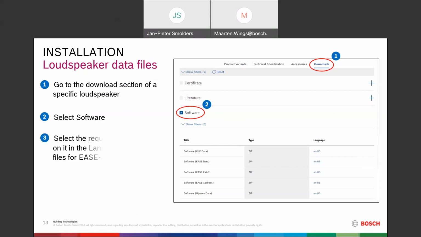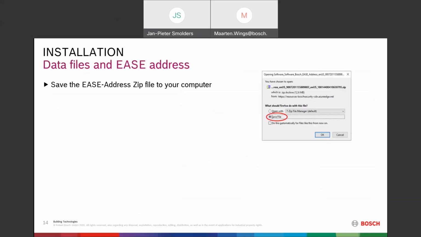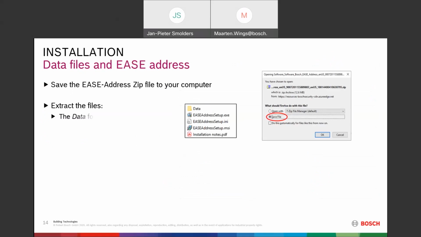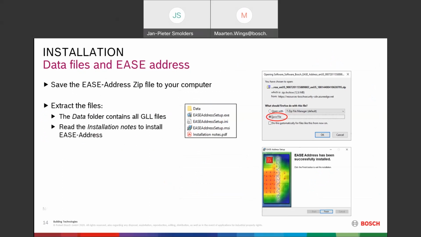For EASE Address, we will select the zip file. Here on the right, just click on the language, and you will download a zip file. You can save that zip file on your PC, extract the files, and then you will have a data folder.